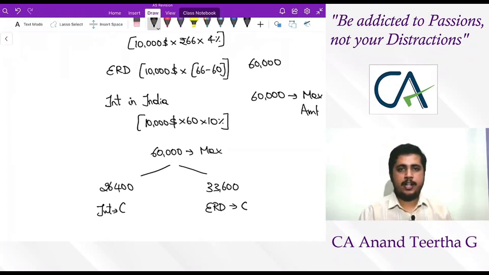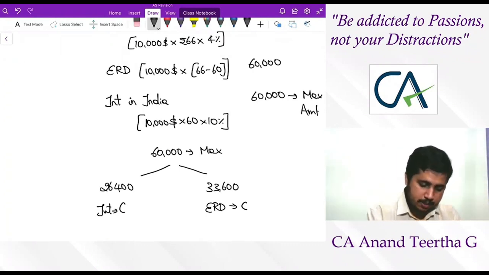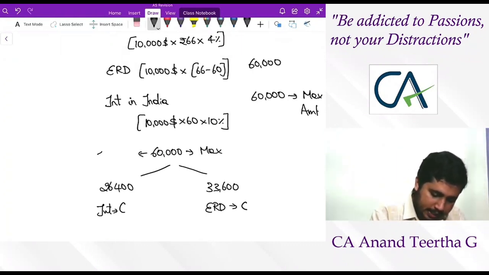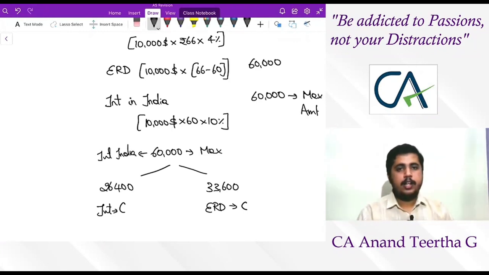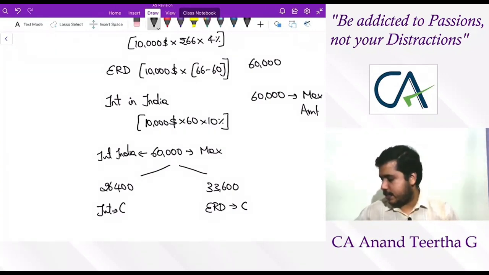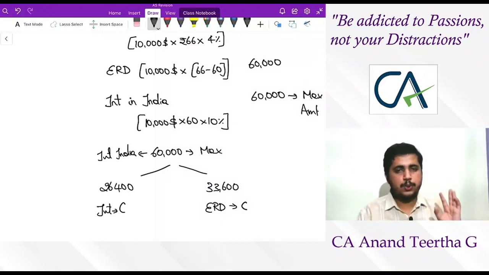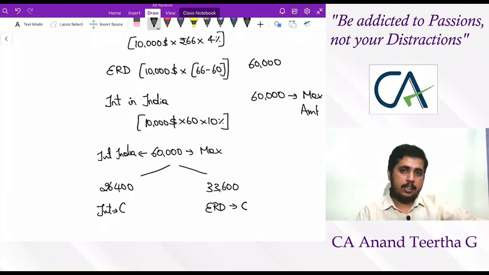So I hope everybody is understanding it. 60,000 first of all is basically the Indian interest rate. If a similar loan had been taken up, that is the standard sentence which tells us that to the extent of interest, it could be allowed to be capitalized in India. So to that extent, 60,000 comes into the picture. Of this 60,000, 26,400 is already capitalized because it is interest on foreign currency.